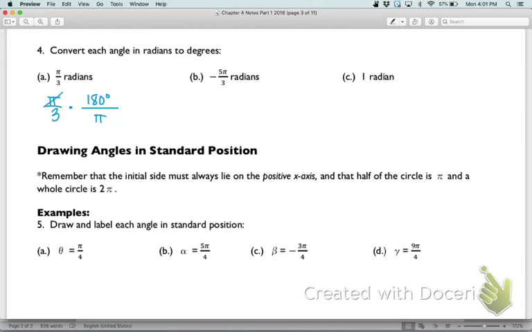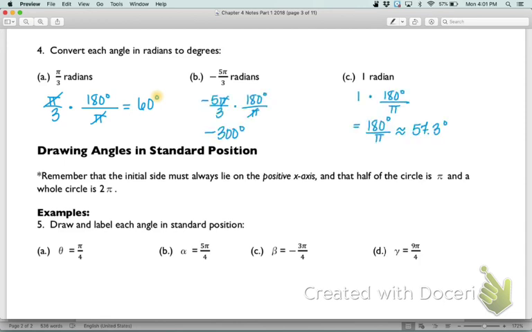This time the pi's cancel, and I'm left with 180 over 3, and that gives me 60 degrees. Once again, without the degree symbol, that says 60 radians, so you must include the degree symbol. Again, put it on pause, try B and C really quickly, and then you can come back and check your answer.